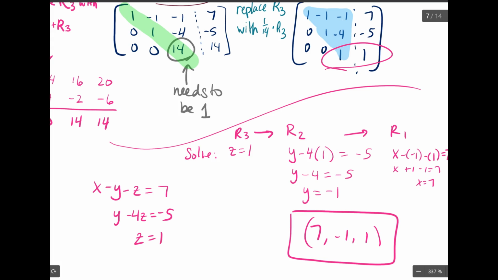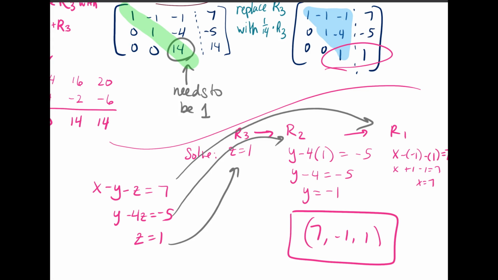So this is what I'm plugging into. This is from the matrix, our triangle matrix. The first column is x, the second column y, the third column z. All right. Cool.